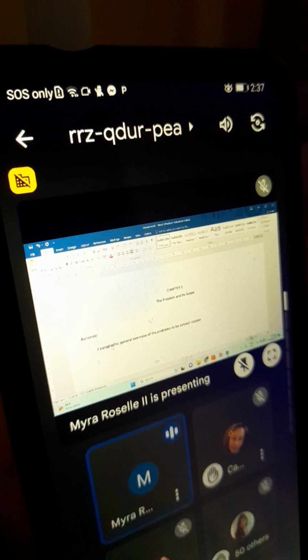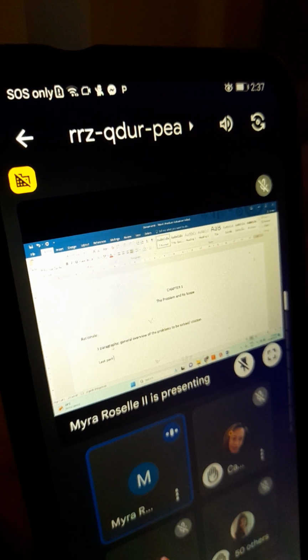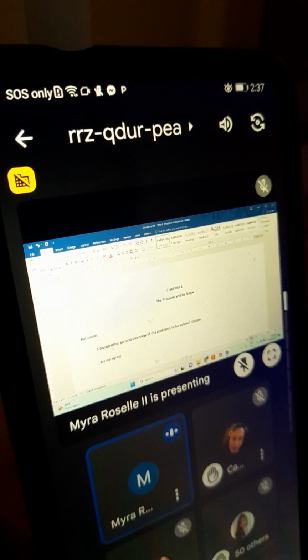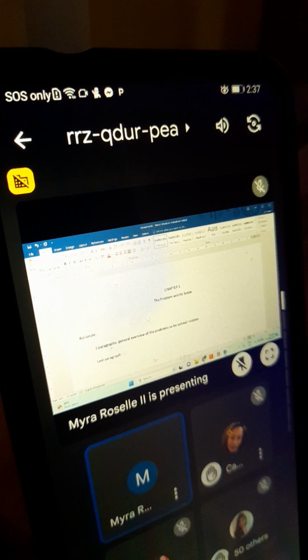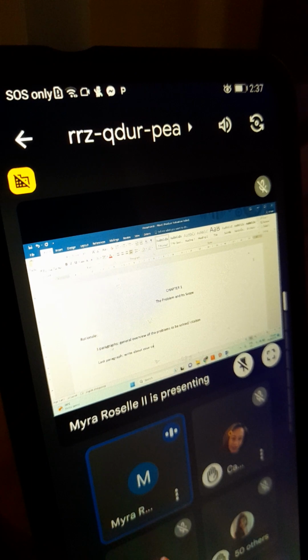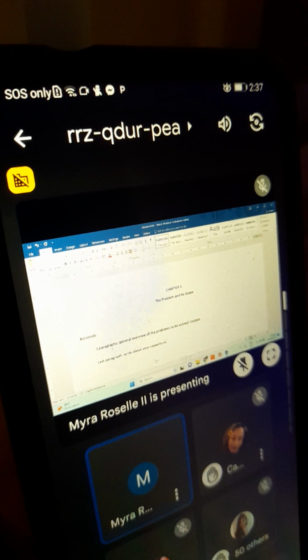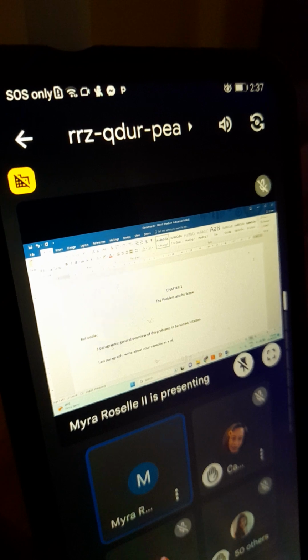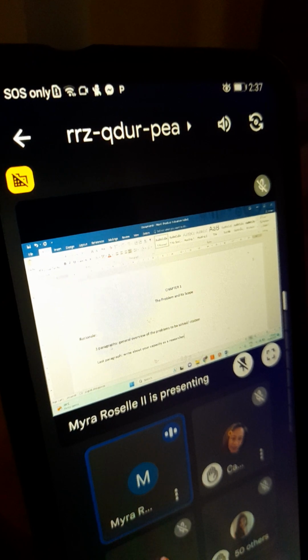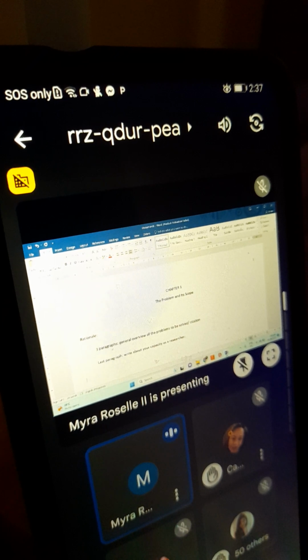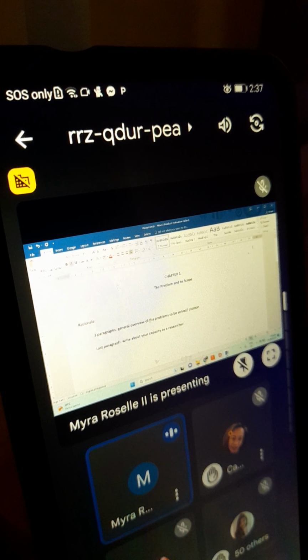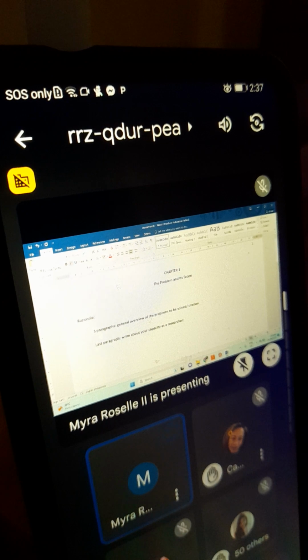And then the last paragraph here is where you are going to write about your capacity as a researcher. Meaning, why are you studying this? For example, I will italicize the example. Do not use I, he, she, but use third person.